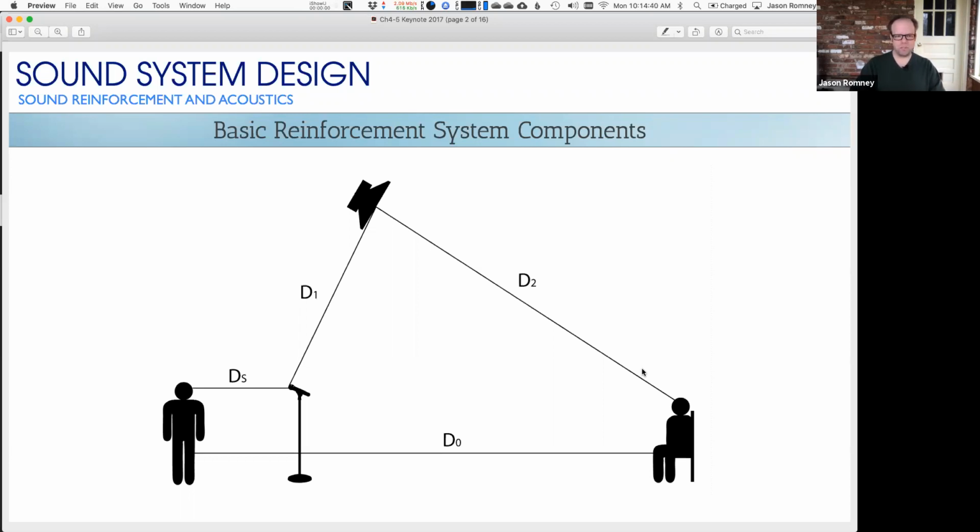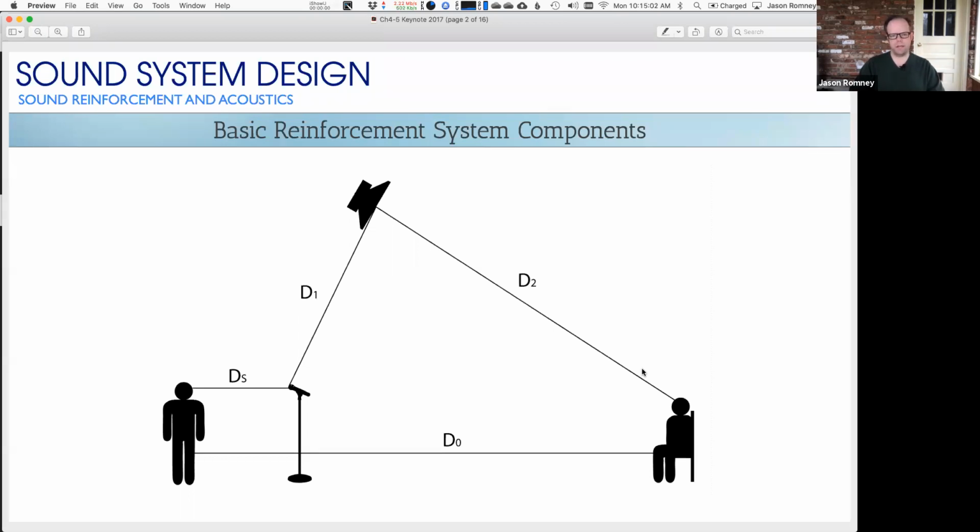The term speaker could apply to two different parts of our sound system. So we like to use the word loudspeaker and the word talker, or sometimes singer or actor, but try to avoid the word speaker when describing the person standing on stage doing the talking or performing, because that can get confusing.